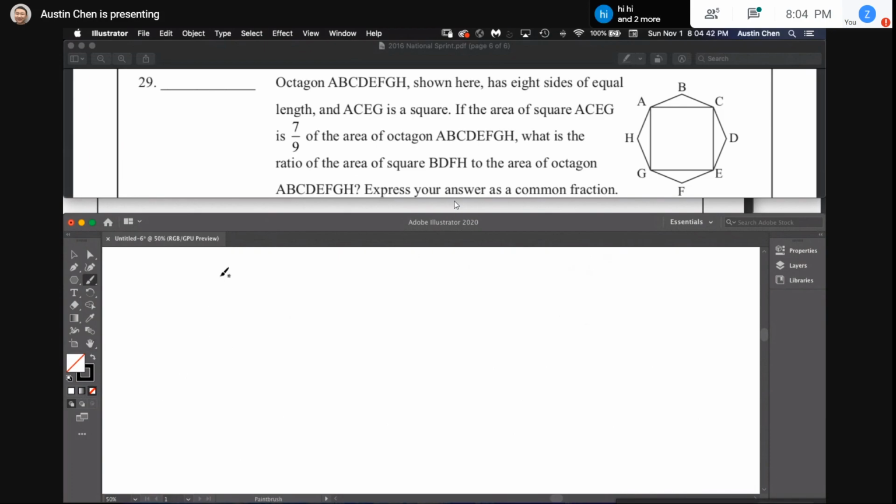So we can start by assuming the area of the octagon is 1, right? And then we should draw a figure, or let me copy the figure down.